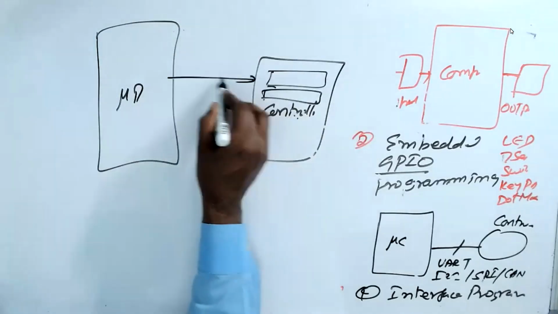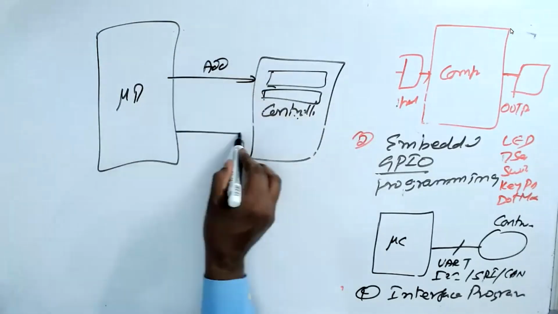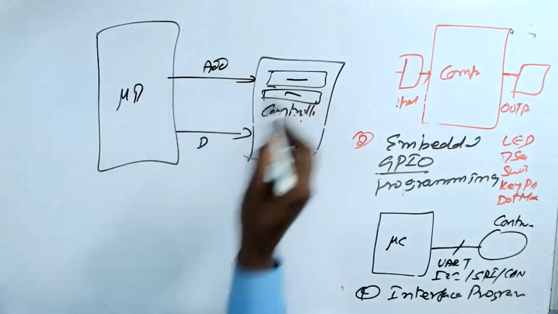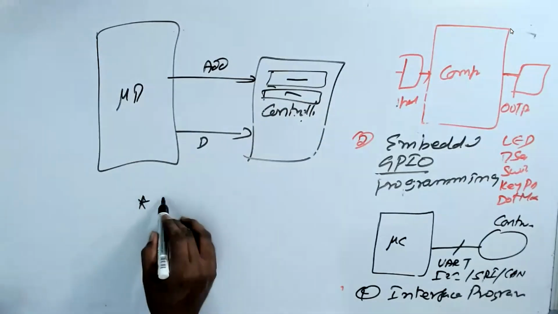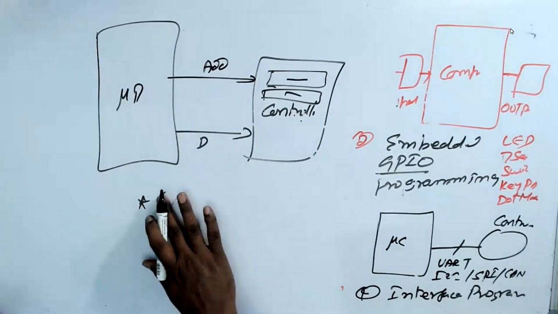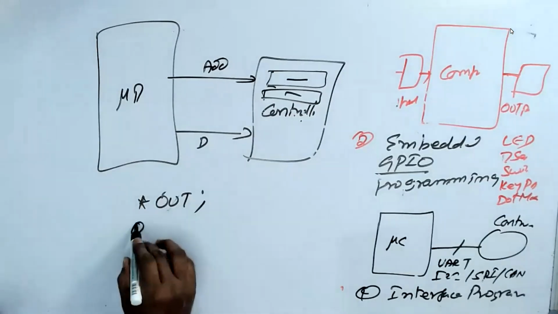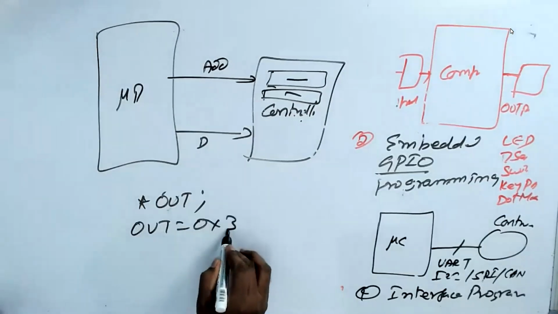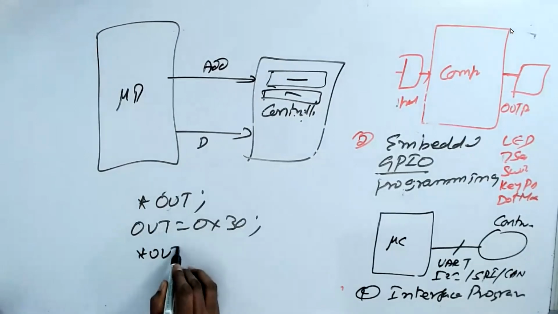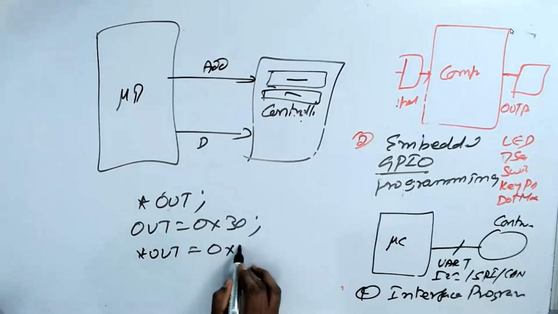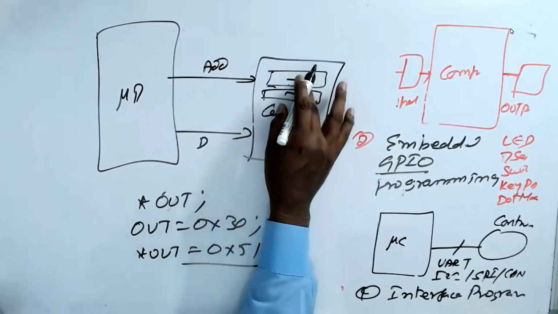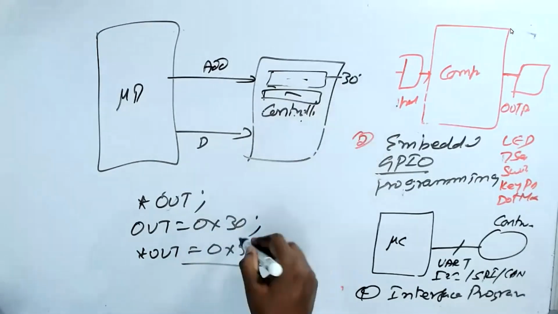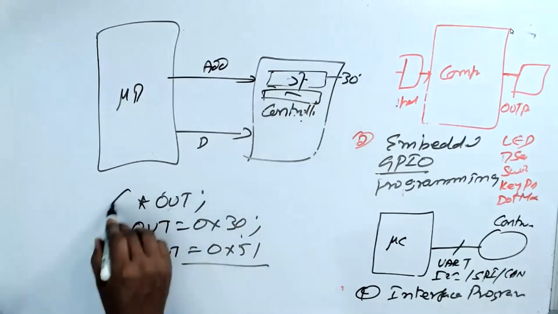You use the address bus and data bus to write to the register directly. You put *ptr, *out. Out is equal to 0x30. *out is equal to 0x51. Now at address 0x30, 0x51 is written. It's a direct access.